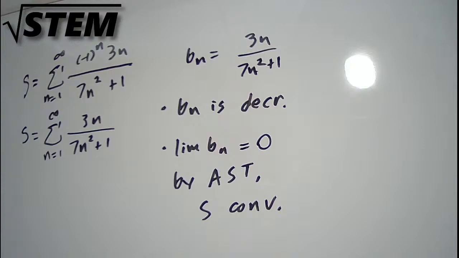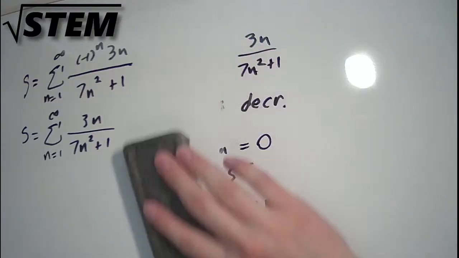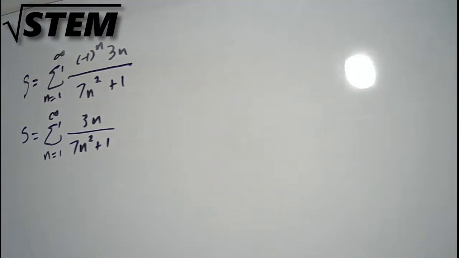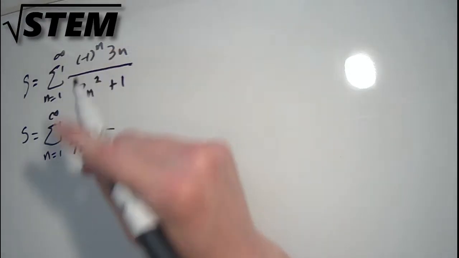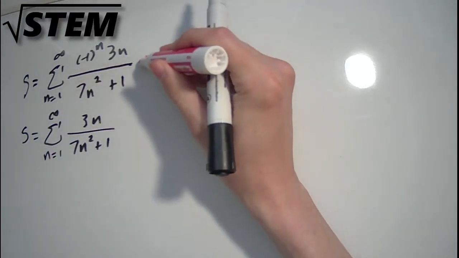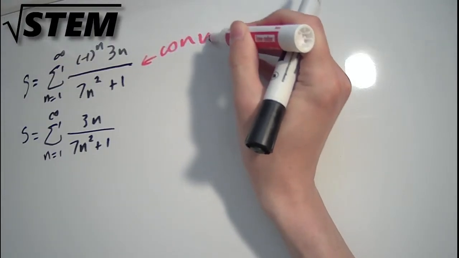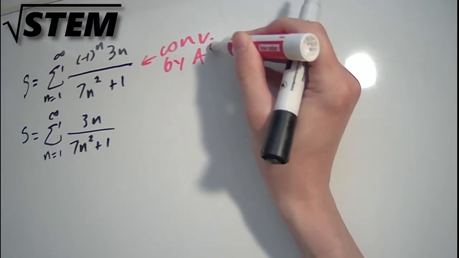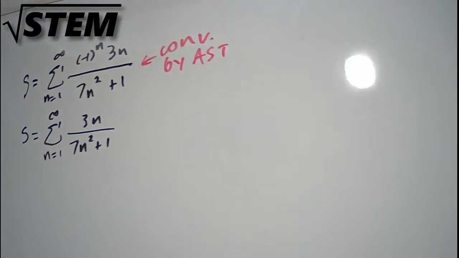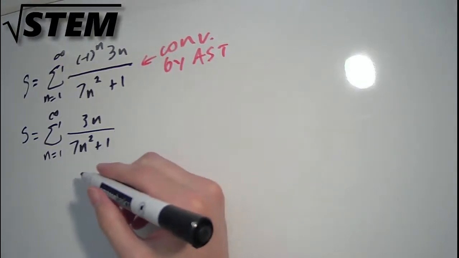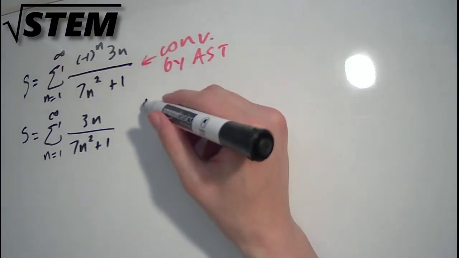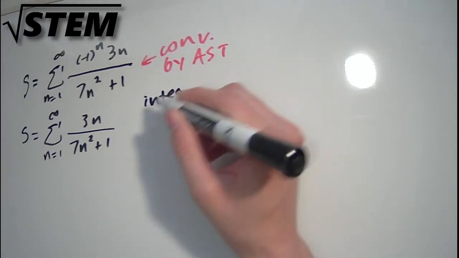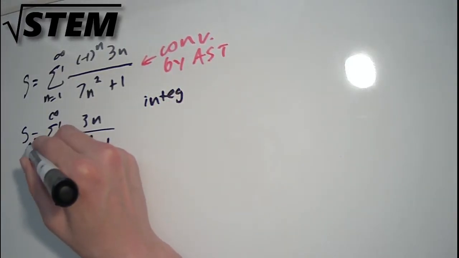I think we can do that one with the integral test. I'm going to go ahead and write up here that this converges by AST, so we don't forget. Then here we'll do the integral test as I2, I guess.